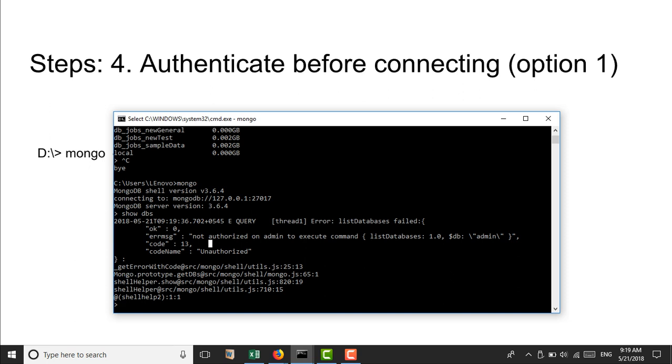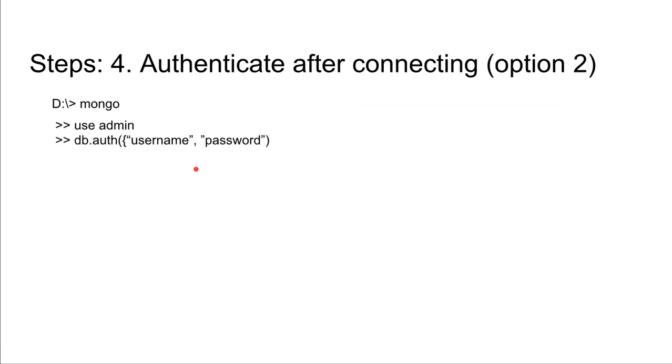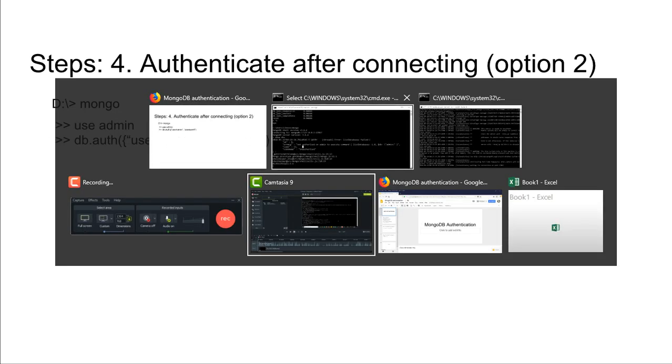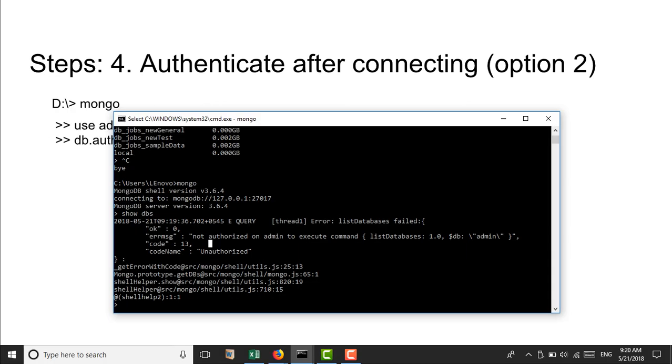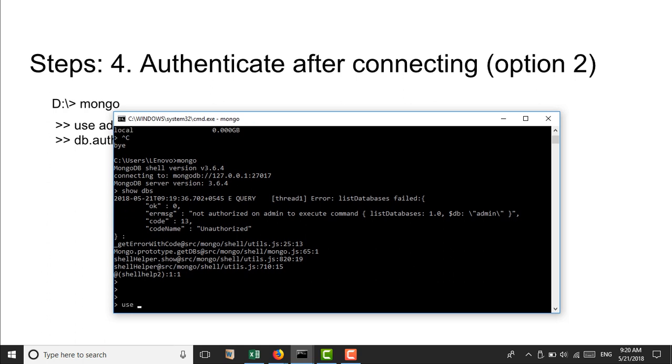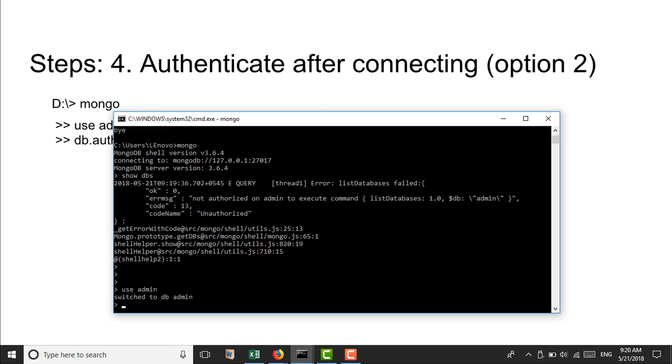Now there is another option, which is to authenticate after connecting. I am now connected, so what I need is to authenticate. Let's use our admin database, and then the db.auth function.